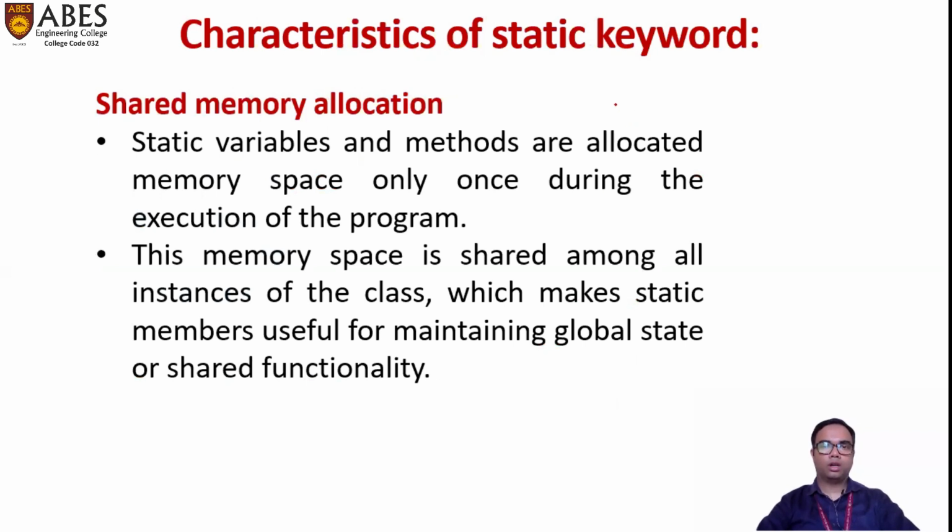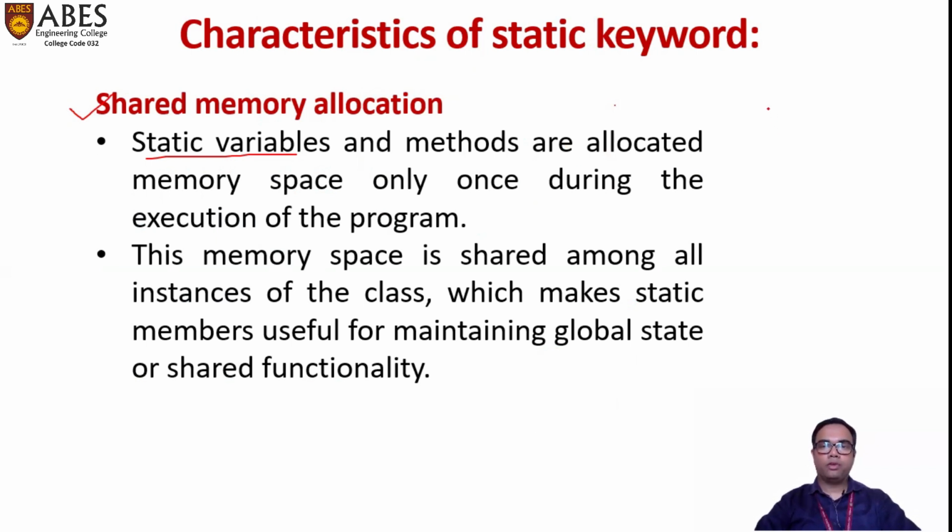Here we can see the characteristics of the static keyword. The first one is shared memory allocation. When you have a static variable, the memory space is allocated only once during the execution of the program.